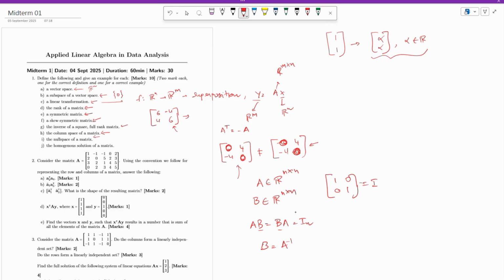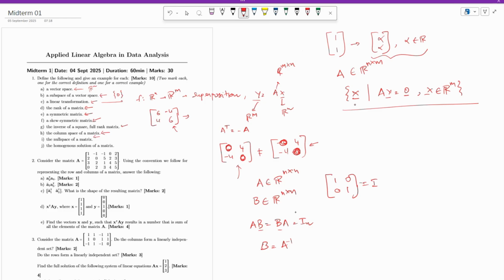Null space? What is the definition of the null space? If you have a matrix A, it is the set of all vectors x such that Ax equals the zero vector, where A belongs to R^(n cross m) and x belongs to R^m.